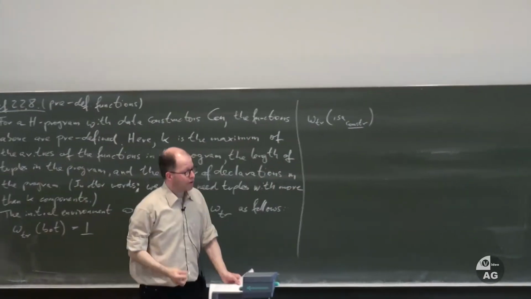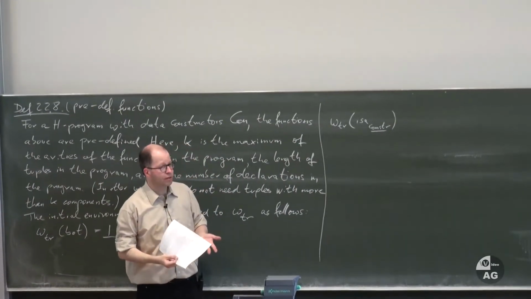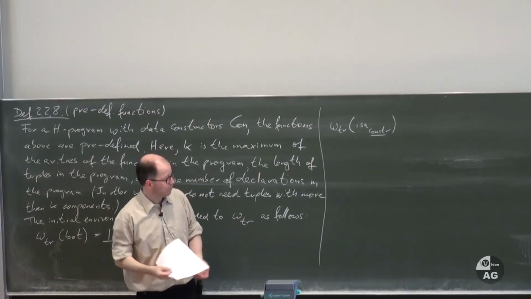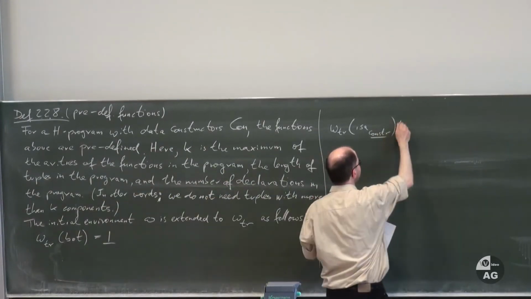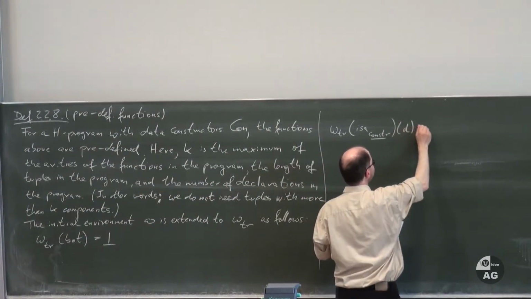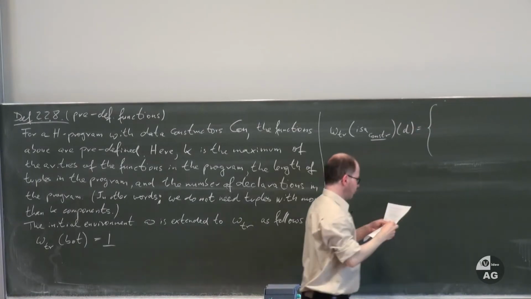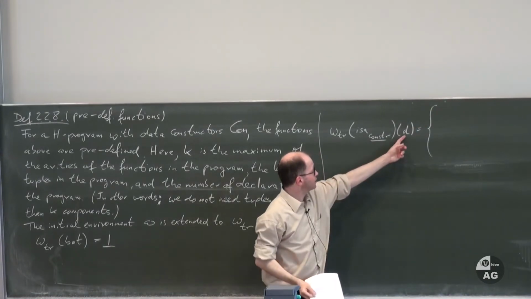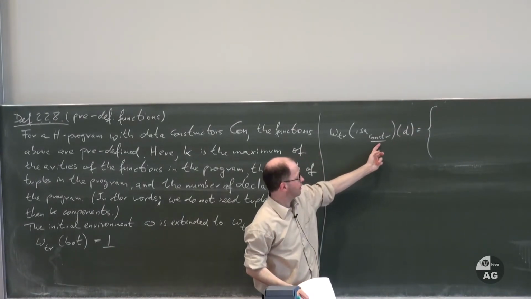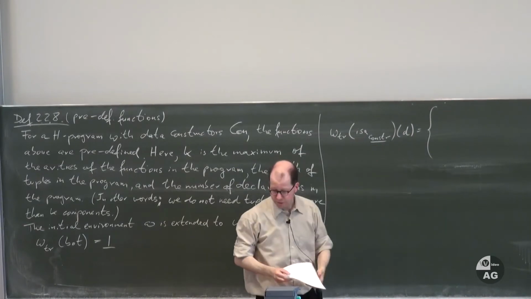Well, the semantics is a function which operates on the big domain, on this big set DOM. It takes some element from the domain, and then it checks whether this element is built with this constructor. And if so, then the result is true.